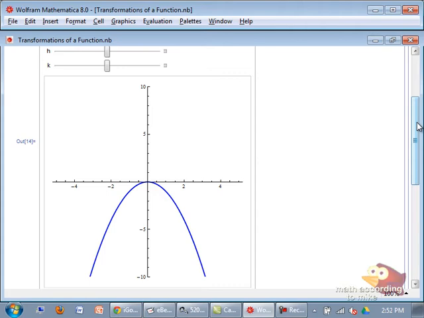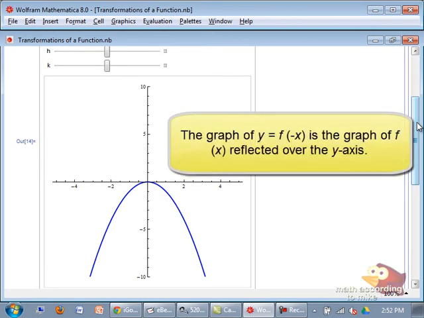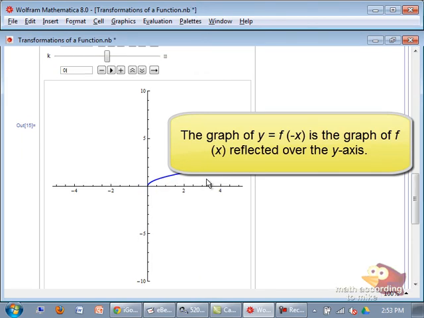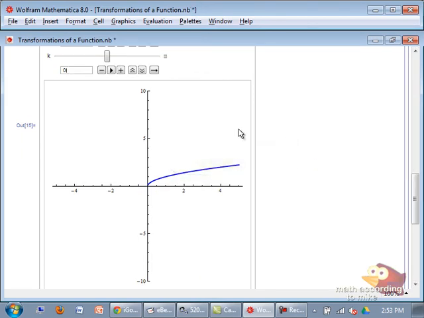On the flip side, the horizontal reflection occurs when you negate the variable. The graph of y equals f of negative x is the graph of y equals f of x reflected over the y-axis. All right, so this is our square root function.